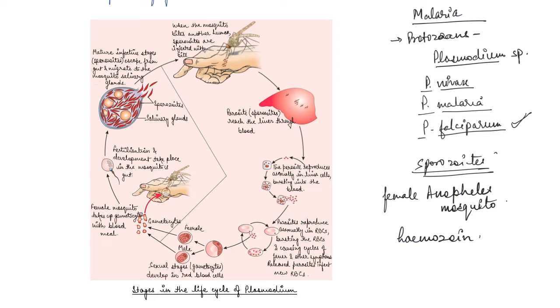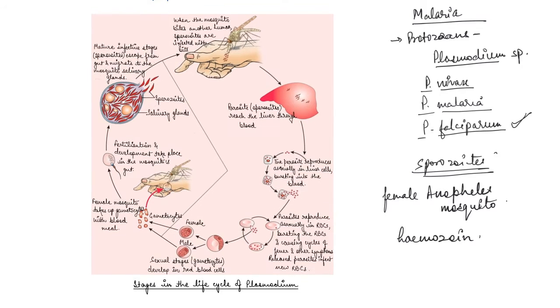So basically, the malarial parasite has two hosts, human and mosquito.